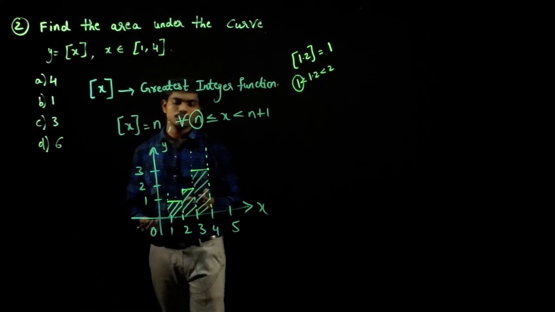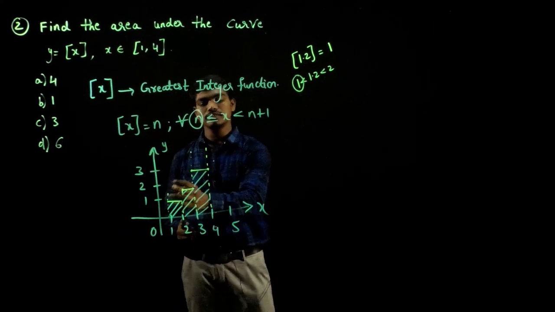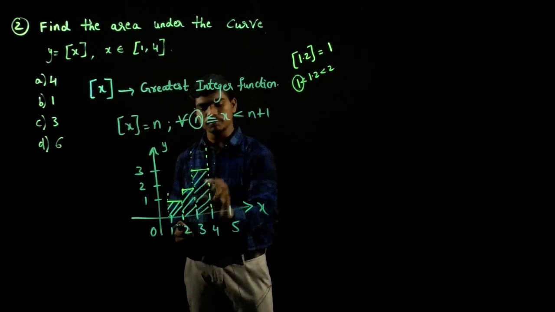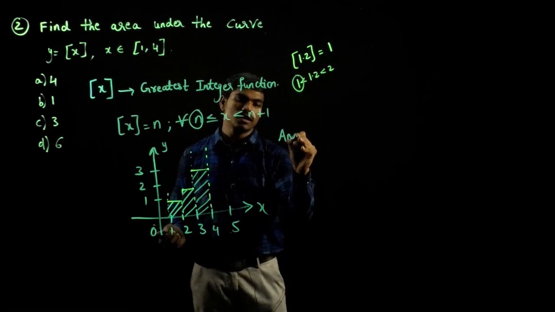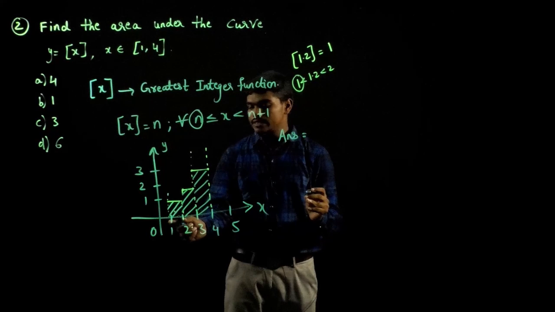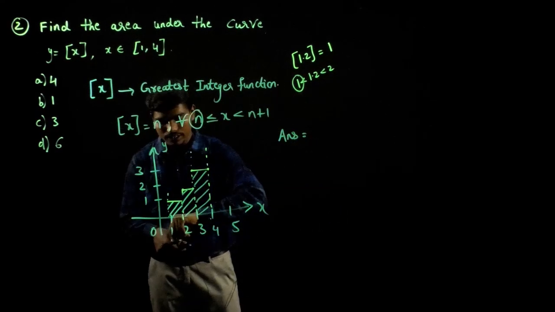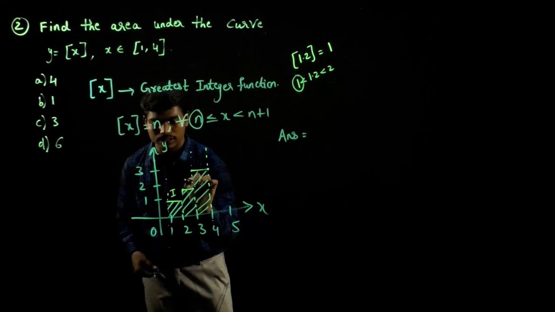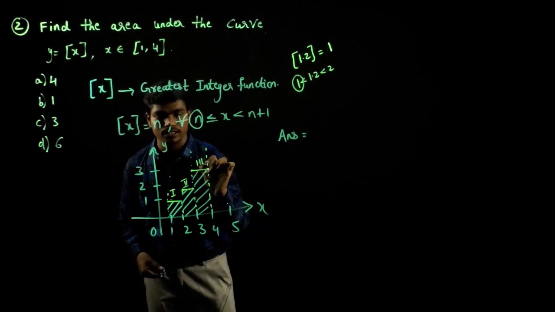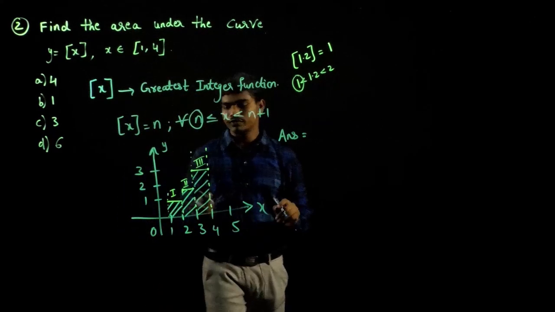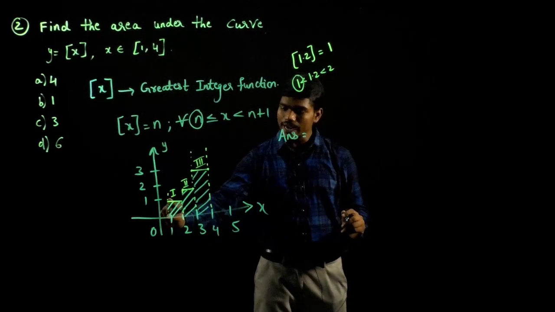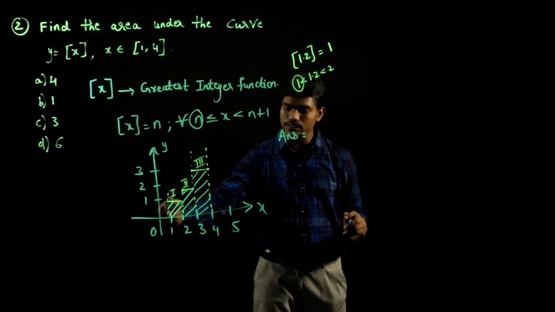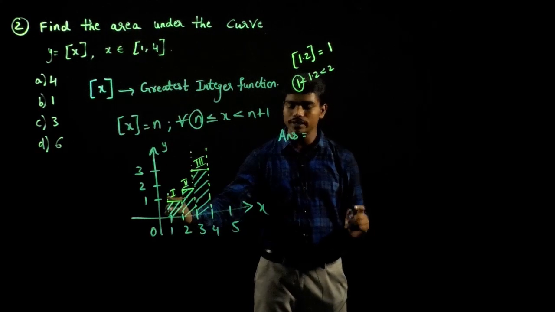If you want to find it generally, these are three rectangles of the same width but different heights. So the area is equal to the area of the first rectangle, plus the second, plus the third. The area of the first rectangle is 2 minus 1, which is 1, into a height of 1, because the function value when x is between 1 and 2 is 1.